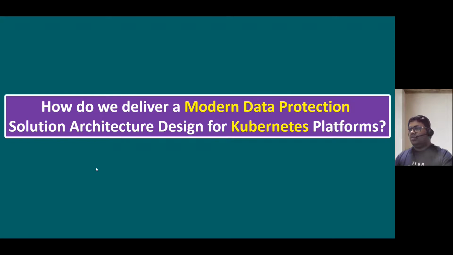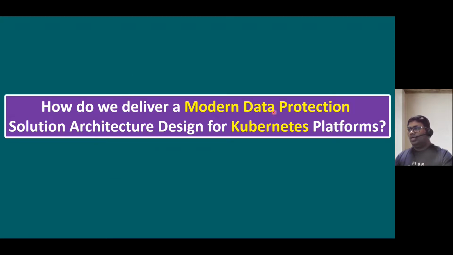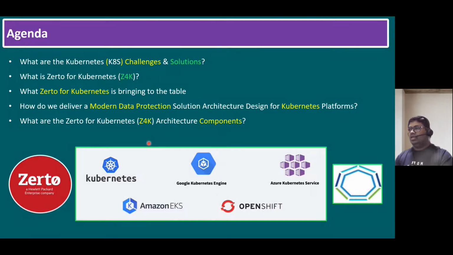In this session, I'm going to talk about how we deliver a modern data protection solution architecture design for Kubernetes platforms. Before discussing the solution architecture design, here is the agenda and we can talk about some basic concepts, and then I will show you the modern data protection solution architecture design specifically for Kubernetes platforms.